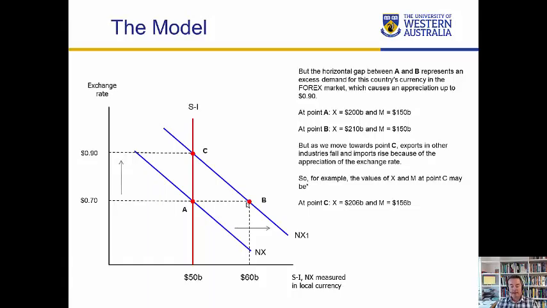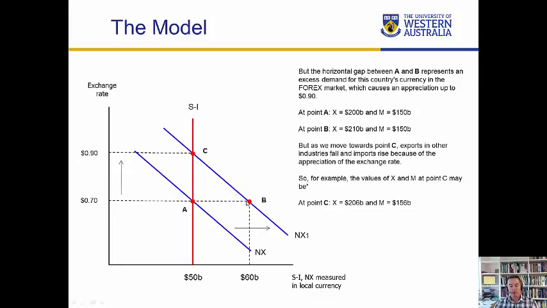Now, as that excess demand opens up, very quickly the exchange rate will begin to rise, and it will keep rising until we hit an exchange rate of 0.9. But to get full value out of this model, we need to understand what's actually happening as we move from point B to point C.